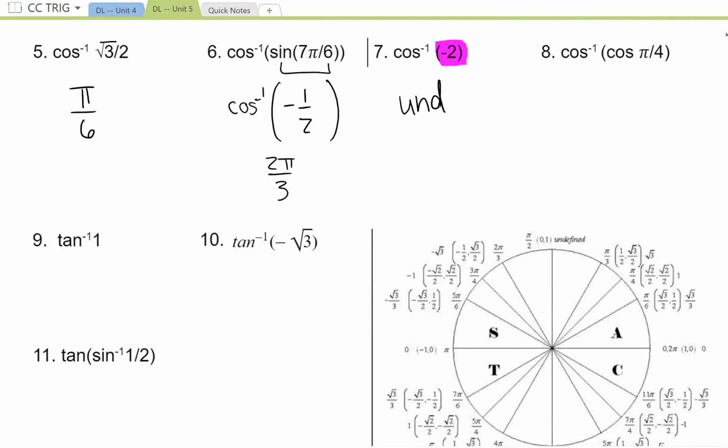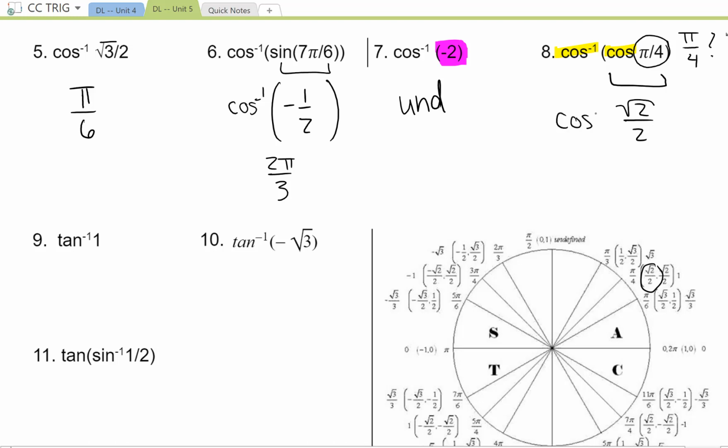I see this pattern again, this cosine inverse of a cosine. So what I'm going to predict is that my remaining answer will just simply be pi fourths. Let's see. Cosine of pi fourths is the x value, which is √2 over 2.